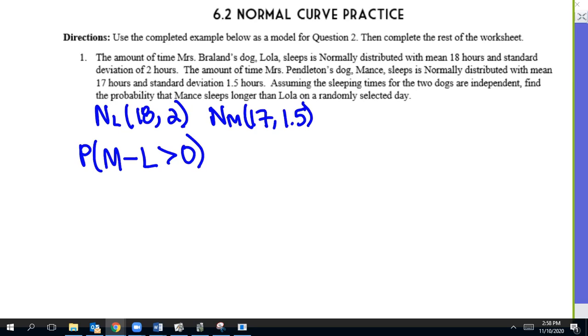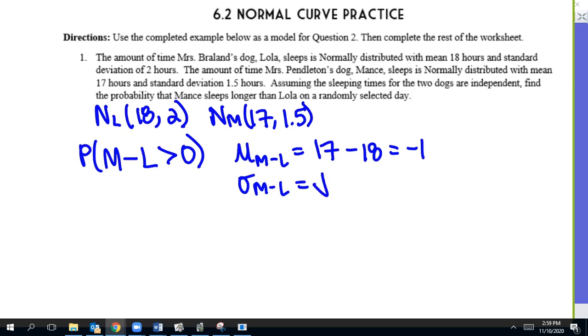What that means is I need to find a new mean for Mance minus Lola. I'll take Mance's mean minus Lola's mean and get -1. And a new standard deviation for Mance minus Lola. Now for this formula, we have to find their variances first. We'll do Mance's squared, always plus Lola's squared.